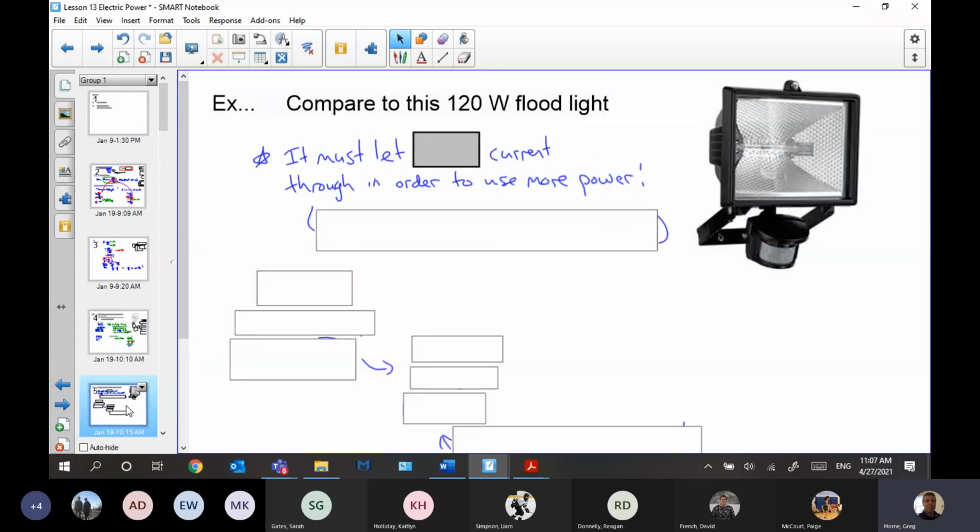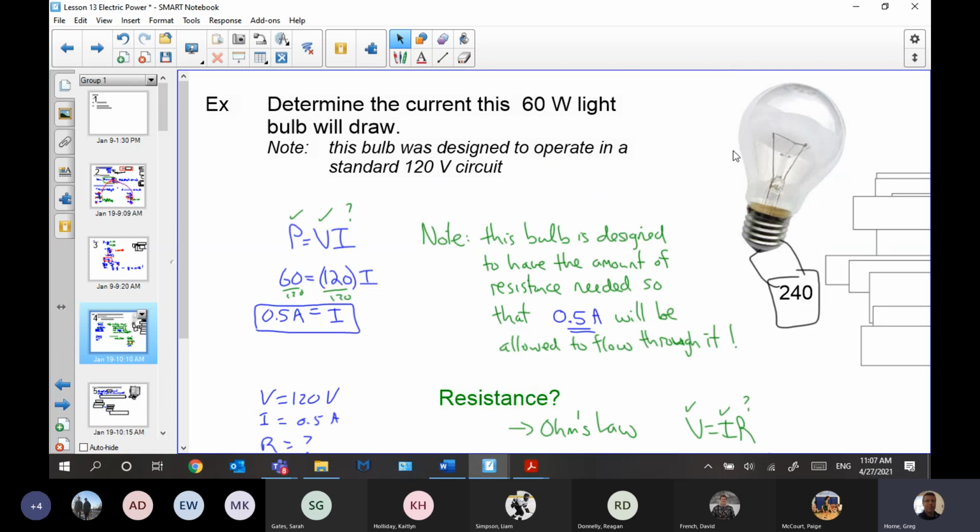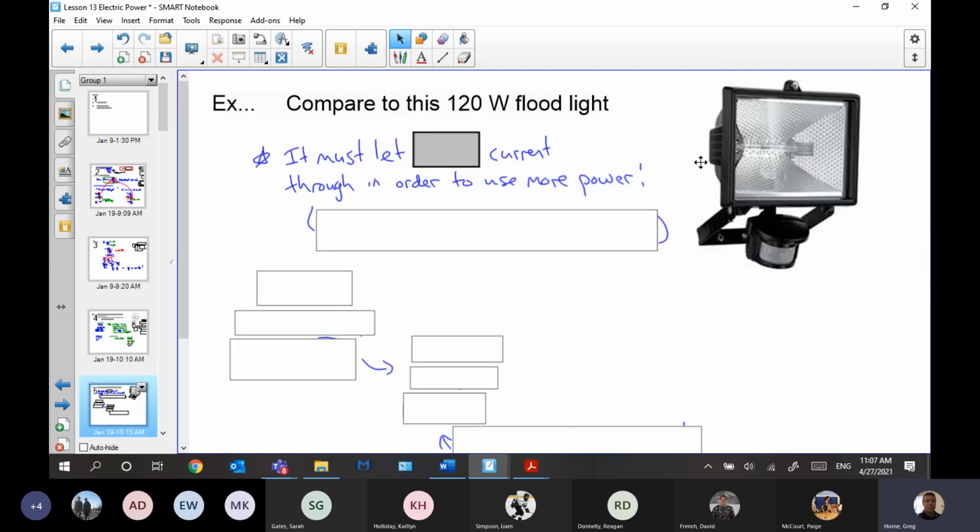All right, so compared to a 120 watt floodlight, what has to happen for this thing to be able to kick off 120 watts of power, 120 joules every second, in comparison to this one, which only kicks off 60 joules every second? What has to be different about this one in order to have it be more powerful?